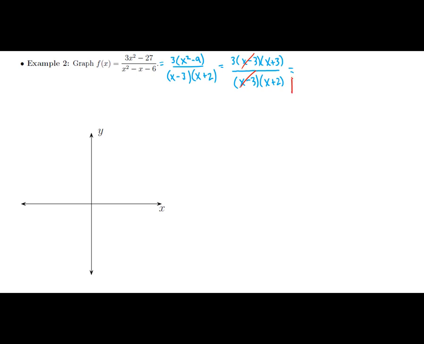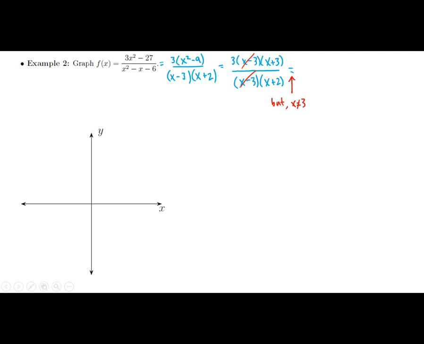But let's just, by this equal sign, make a little note. But x still cannot equal 3. Even though they kind of disappear in a sense, you still can't allow 3 into your function because it'll still cause you to divide by 0 in this original function.